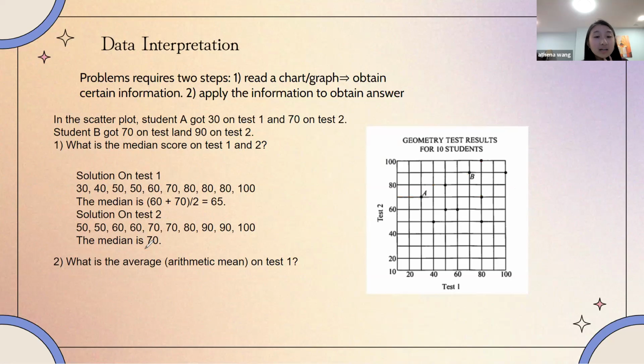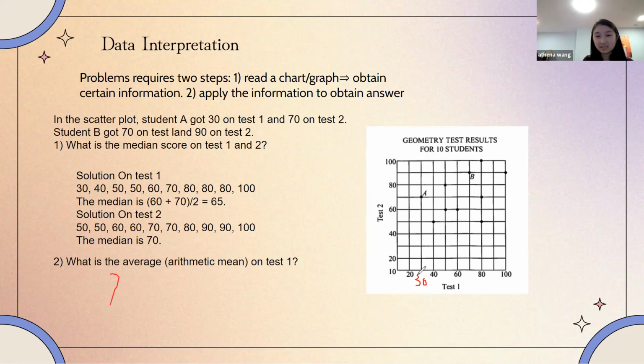Okay, so now we can do the average, the arithmetic mean, on test 1. For test 1, we only need to look at this x-axis, basically. Because we are finding the arithmetic mean, we just need to find 30 over here for an A. Maybe I should type this out.